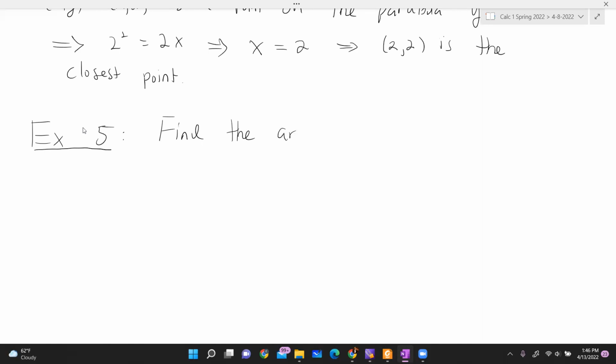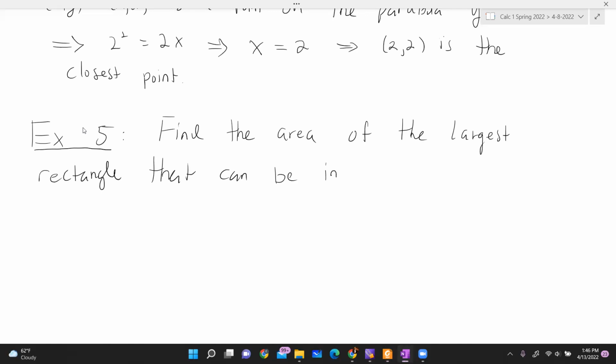We want to find the area of the largest rectangle that can be inscribed in a semicircle of radius r.